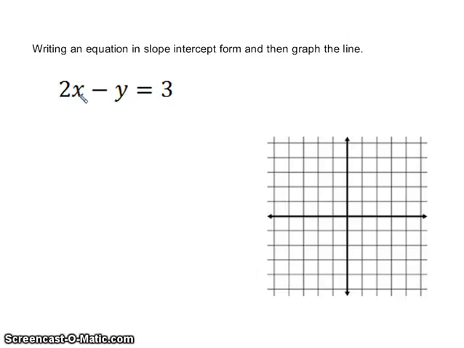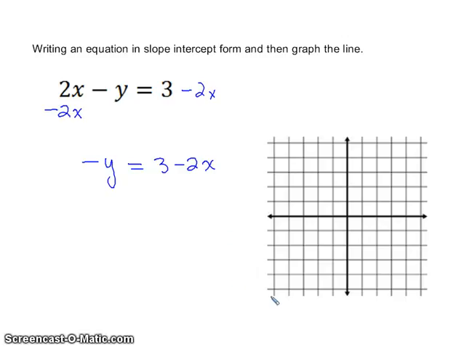But the x-intercept is a little different. If we let y equal 0, x is going to be 3/2. So I don't really want to graph a fraction, so let's actually solve this equation for y. So in order to solve for y, we're going to subtract 2x from both sides, and we have -y is equal to 3 minus 2x, but we can never leave a -y here.